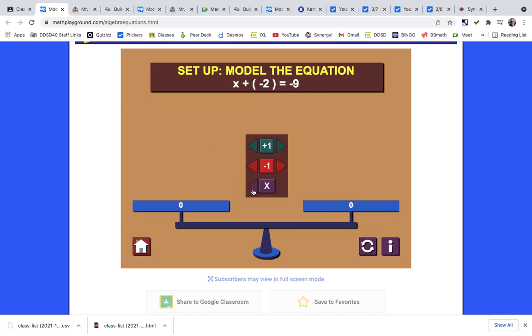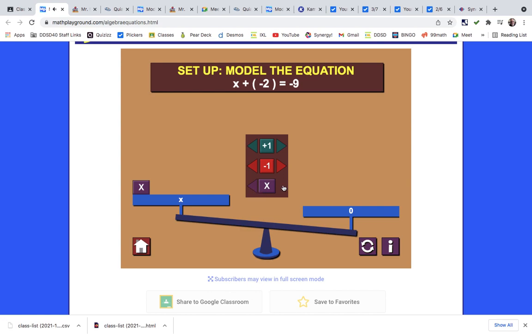And x, and we'll put plus 2 negatives. And we'll put 9 negatives on this side.